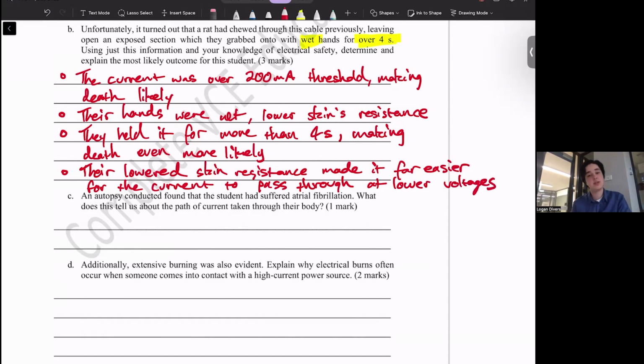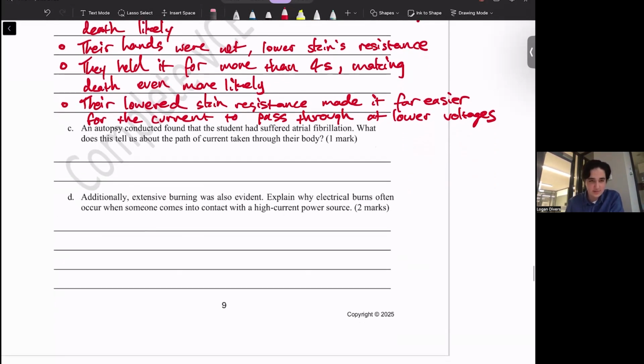So the implication here is essentially what I was going into detail about before, about how your skin has an extremely high resistance. However, that resistance doesn't really matter if it's either wet or if your voltage is stupidly high. In this case here, the hands are wet, so sucks to be them, sort of, would decrease their chance for survival, quite unfortunately, which the next question sort of spoils.